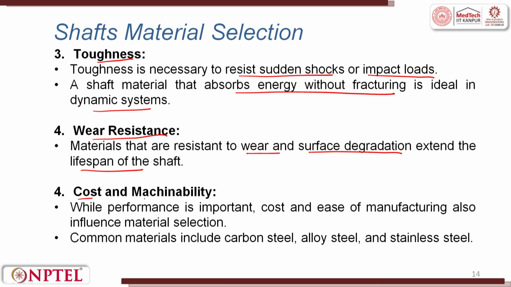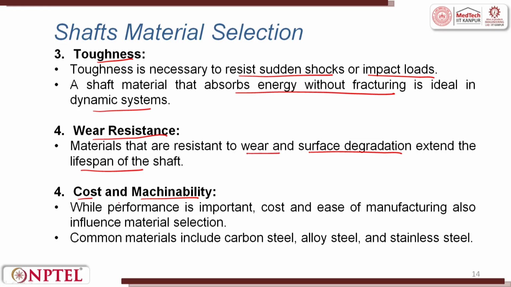Then come cost and machinability. We could use shafts made of alloy steel, but that shaft would be very expensive. Machinability of those shafts would be very tough. So, cost becomes a factor. While performance is important, cost and ease of manufacturing also influence the material selection.